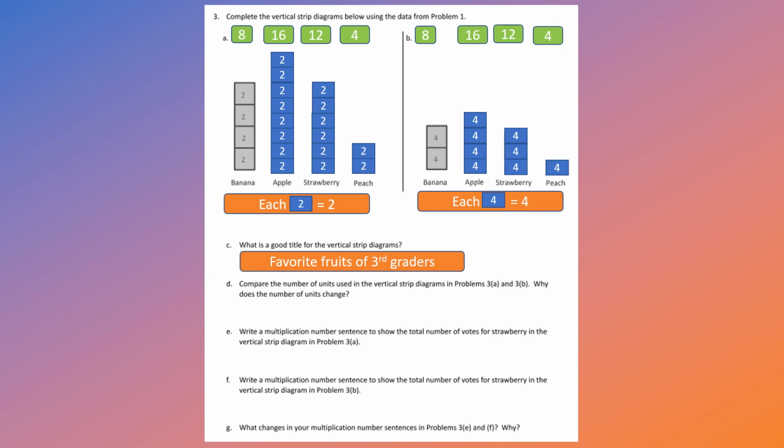Now, for question D, it says, compare the number of units used in the vertical strip diagrams in problems 3A and 3B. Why does the number of units change? Now, I want you to notice something. In 3A, we're counting by 2. In 3B, we're counting by 4.